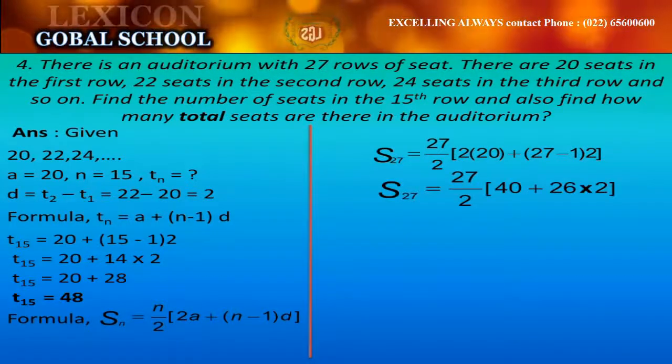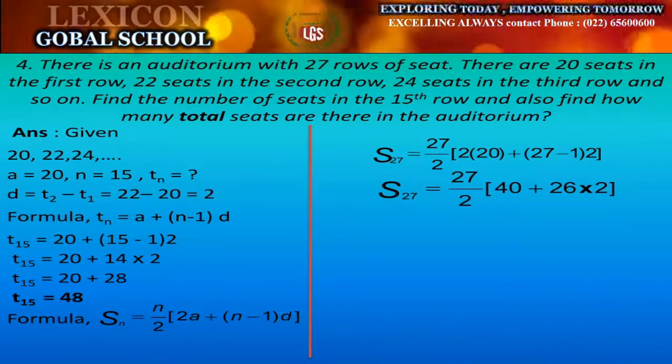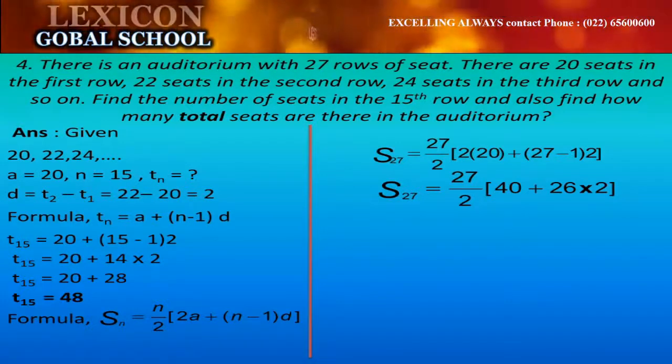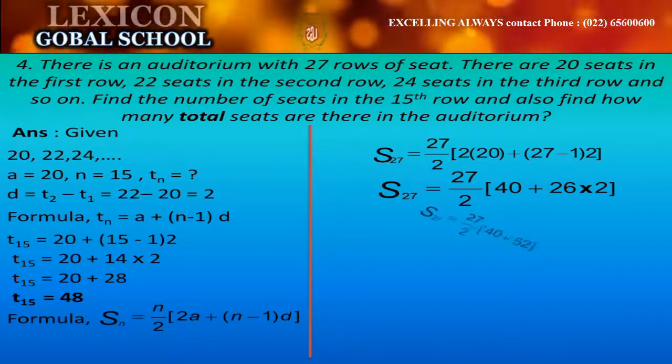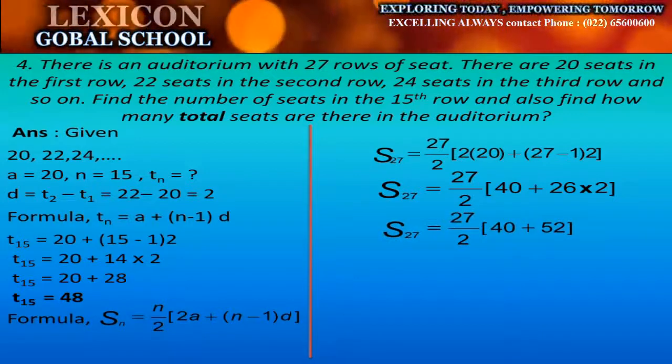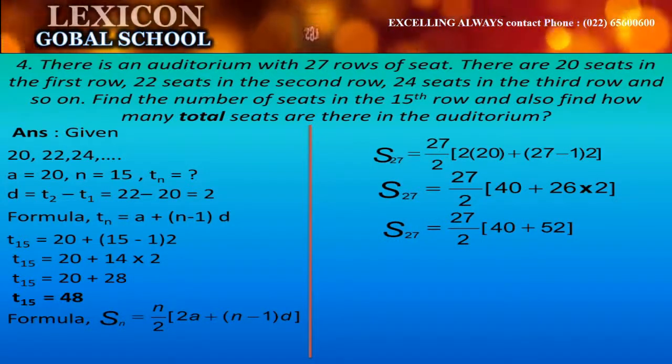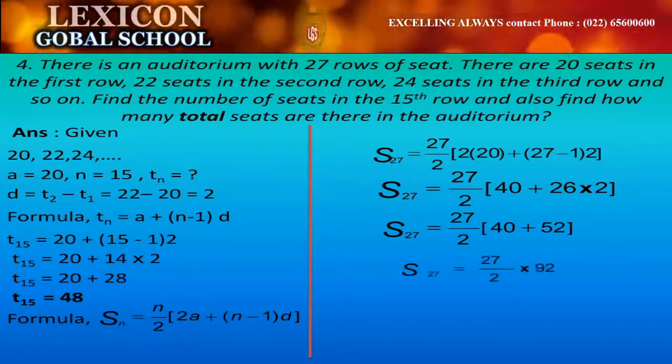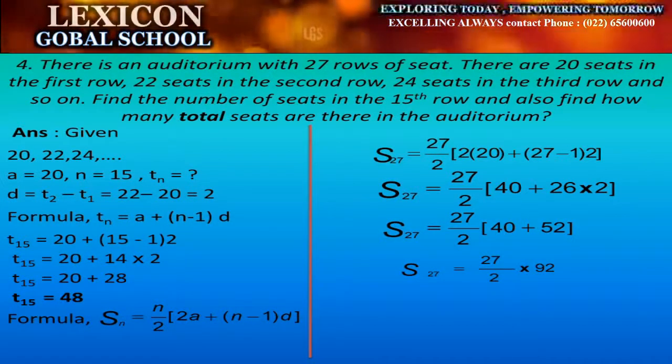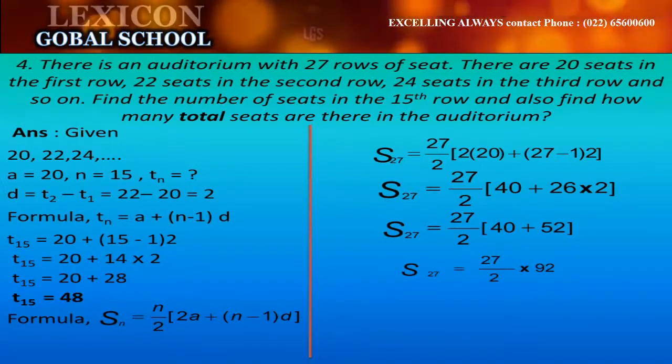S27 is equal to 27 upon 2 into 2 20s are 40 plus 26 into 2. Carry on the multiplication. S27 is equal to 27 upon 2 into 40 plus 52. S27 is equal to 27 upon 2 into 92.